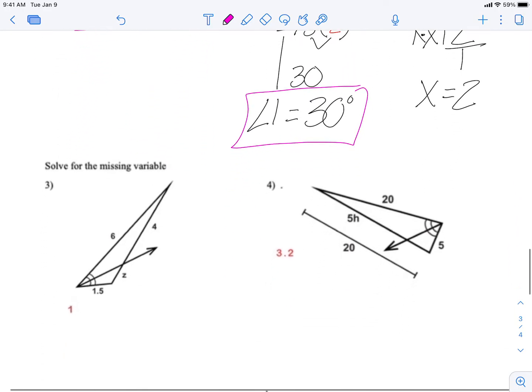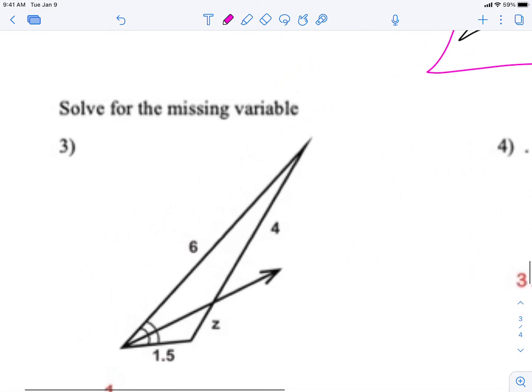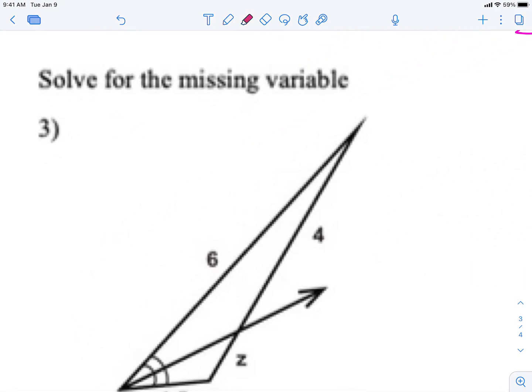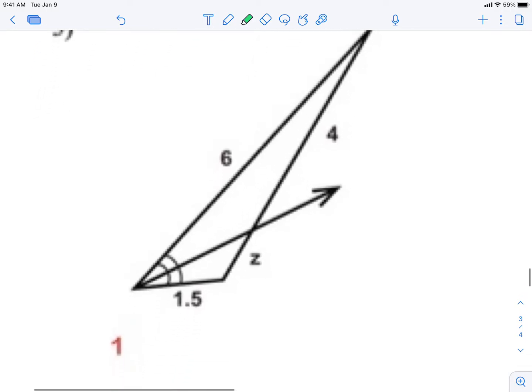Let's look at number 3. New set of instructions here. The instructions say, solve for the missing angle. Right? Let us solve for the missing angle. First thing, let us notice that this line right here is the angle bisector.